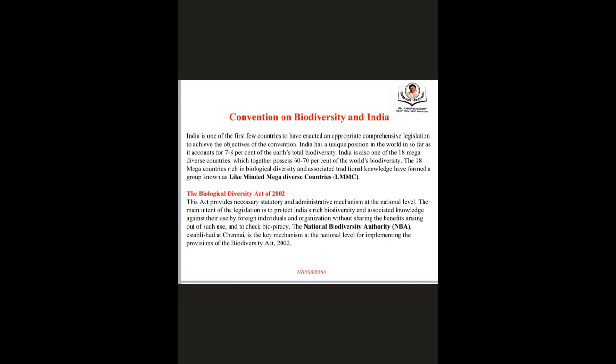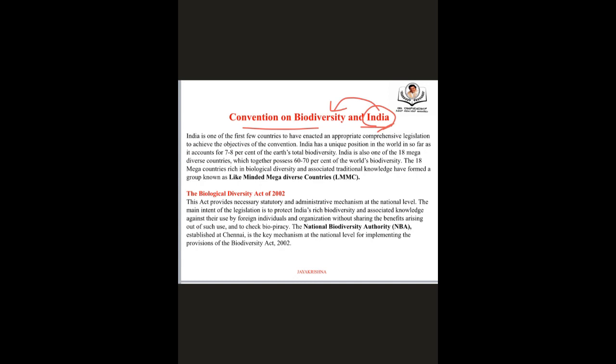After seeing the Convention on Biodiversity, let us come to the Indian scenario. The Convention on Biodiversity and India. Since India is a signatory to CBD, what type of developments did it bring in the domestic country? India has rich biodiversity.